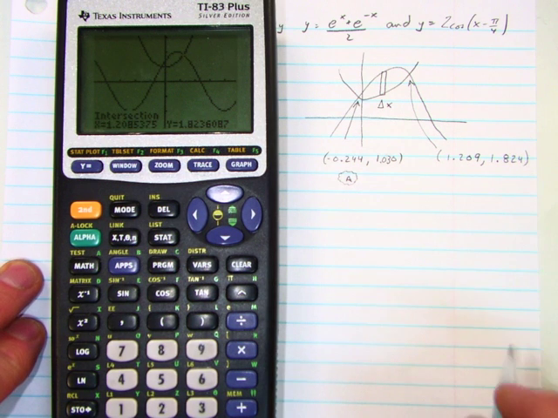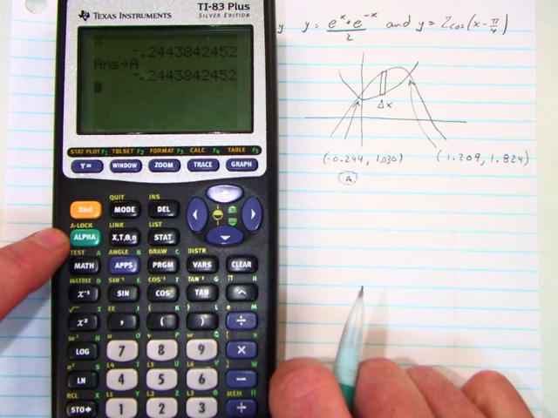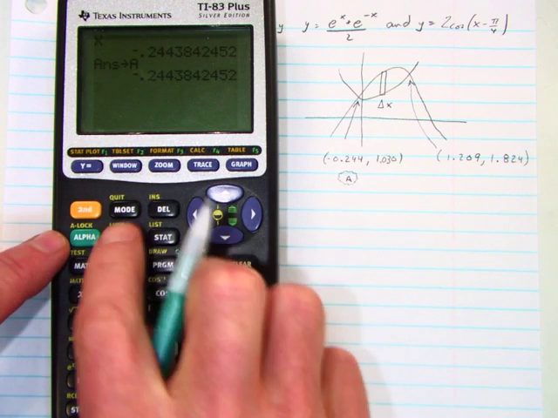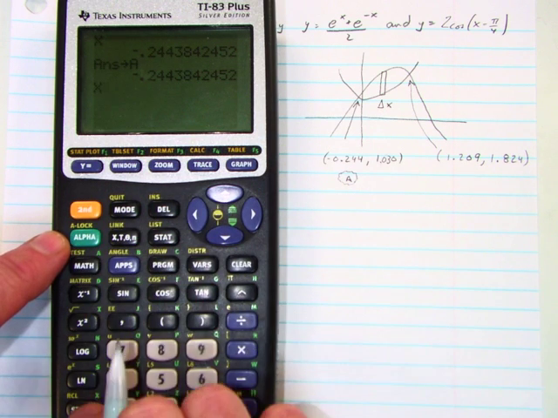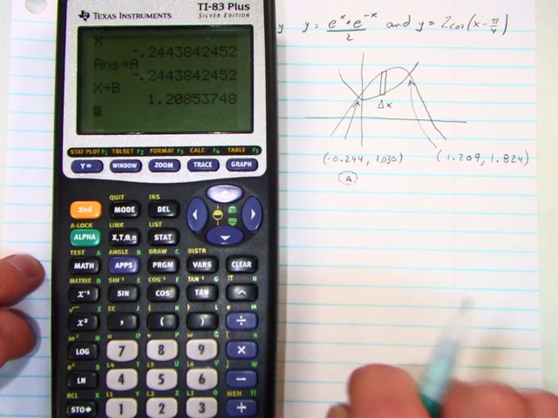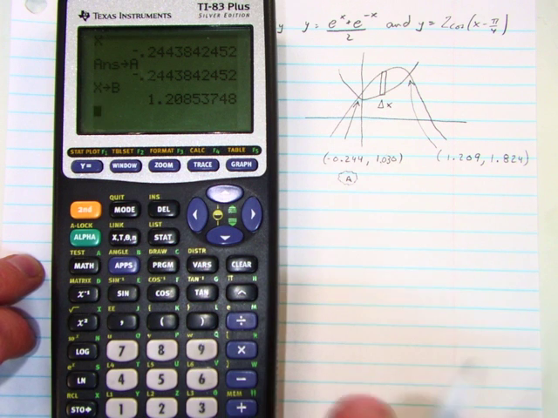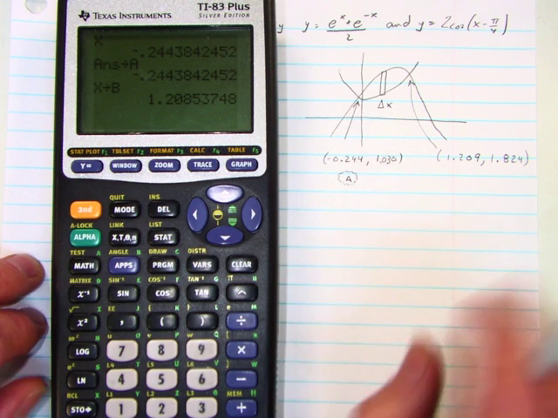Now let's store that number. We can go back to our home screen. Second, quit. And we know that's the value stored in x, so we can just say x store alpha B. Every time that cursor moves on the graph, the x value changes, which is why we want to store it into some other place other than x.